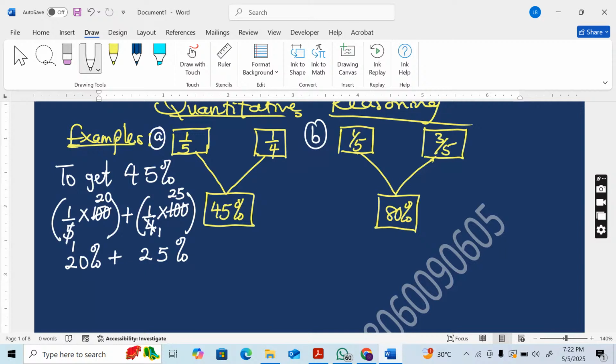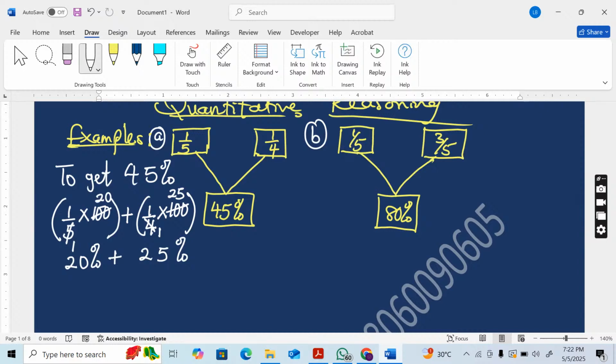When changing a fraction or a decimal number to percentage, you multiply by 100. So in example A, 1/5 changed to percentage, so we multiplied by 100. Same thing goes for 1/4. It was changed to percentage, we multiplied by 100.